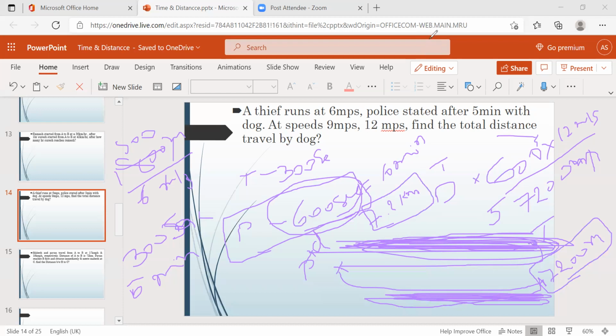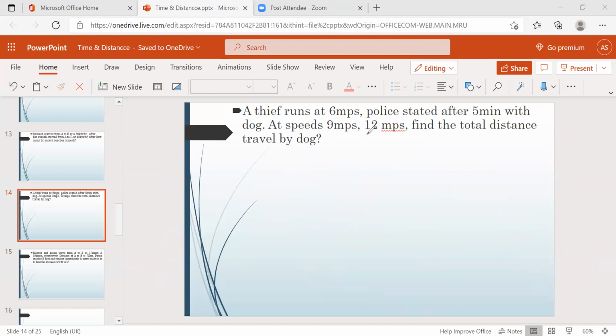Do you understand? Whenever you find reaching or overtaking problems, then find out the difference between the distance when the second person started, at that time where is the first person. That means we'll get the difference of the distance.